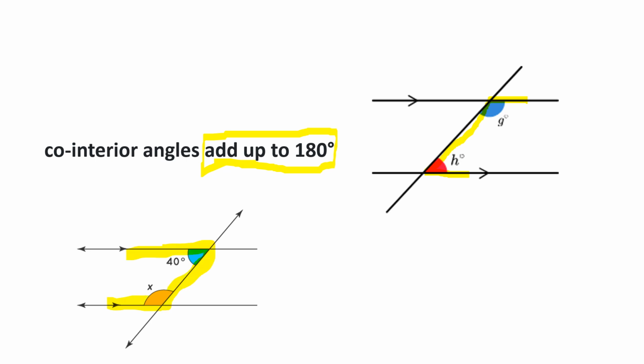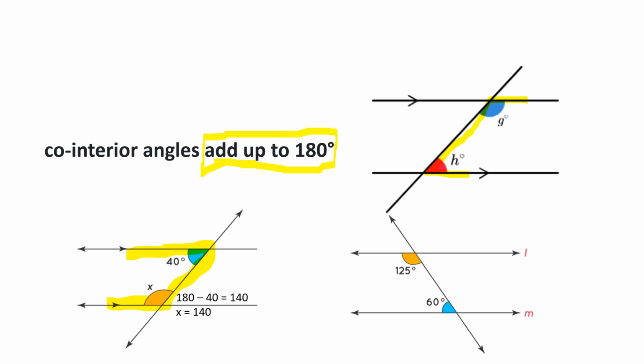So I can see that if I subtract 40 from 180, X must be 140 because of the co-interior angles, also known as allied or complementary.